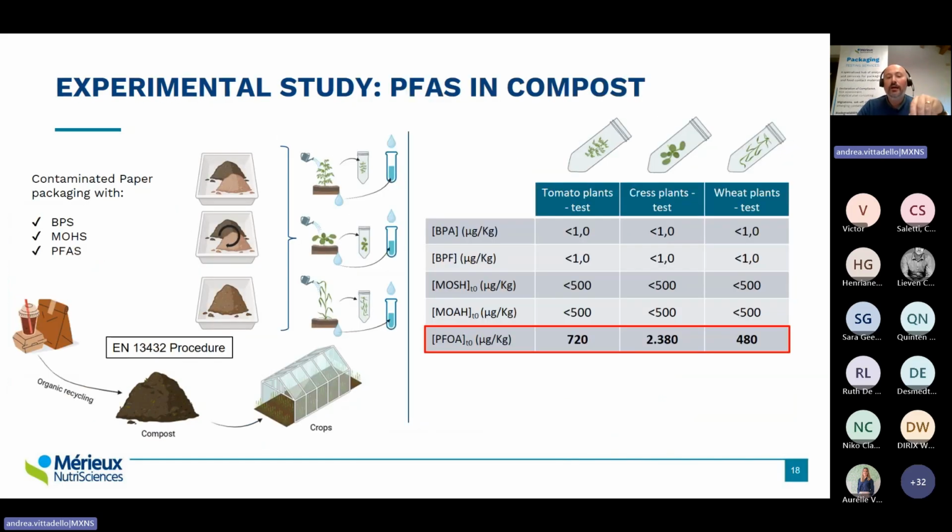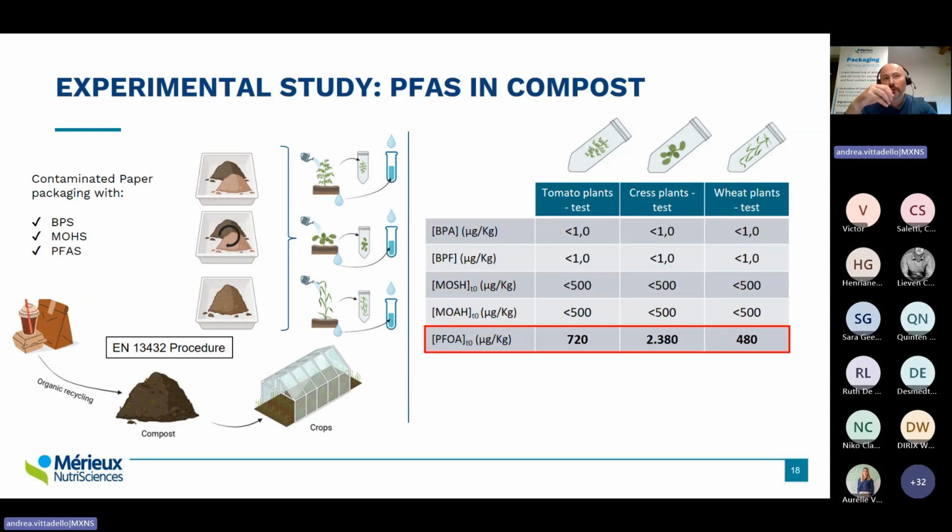And we check if the presence of PFAS in my contaminated paper will be a sort of mobility evaluation in my plant, and we found that, you can see in the bottom right part of this slide, that the PFAS pass through the plant. And if the plant is small, logically, the concentration of PFAS in that plant is higher.